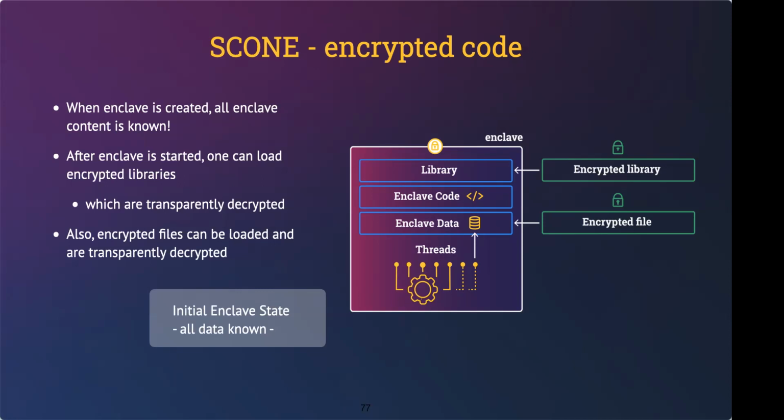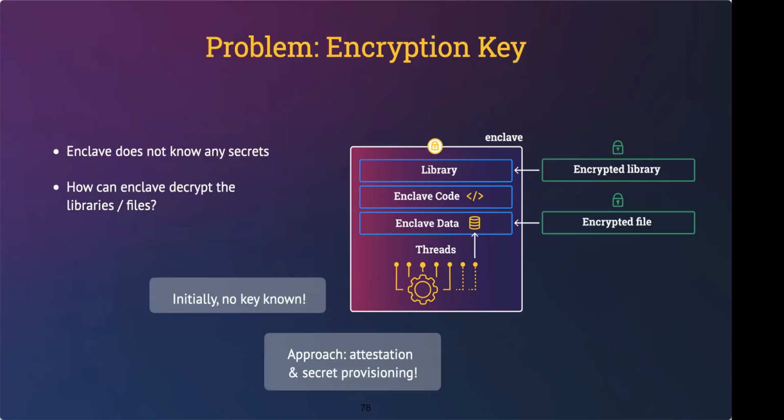to decrypt that. Or in the case of the SCONE runtime, what we do, we automatically decrypt that for the application. So the application doesn't even know that this library was encrypted or the file was encrypted. We do that transparently. You have a policy that says, okay, there's a file or file region, everything under this path that should be automatically encrypted or decrypted.